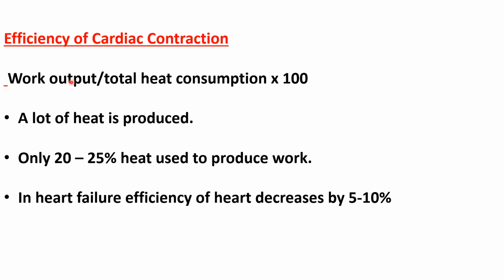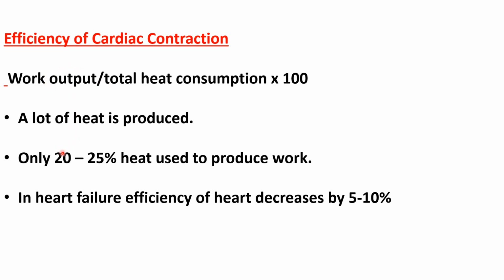Now, if the work output produced is more and less heat is consumed for this work output, you are having an efficient heart. In case of heart muscle, it is different from the skeletal muscle. A lot of heat is produced, but most of it is wasted and work output is less.